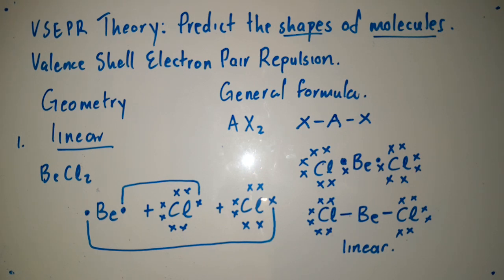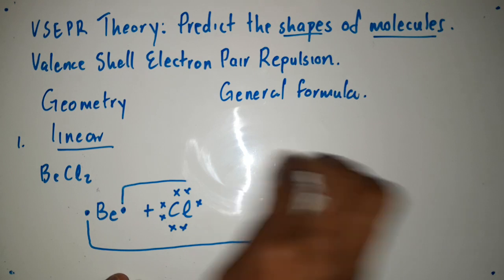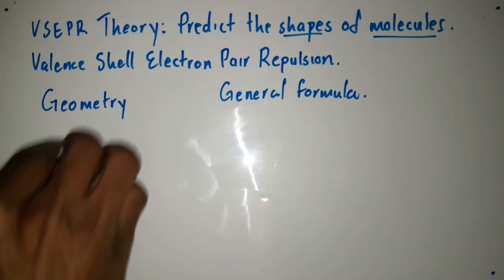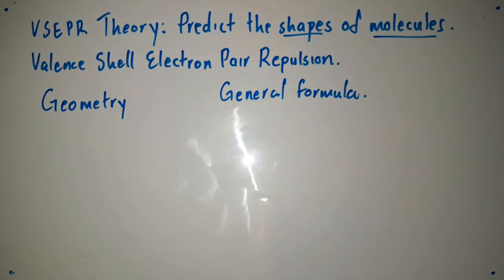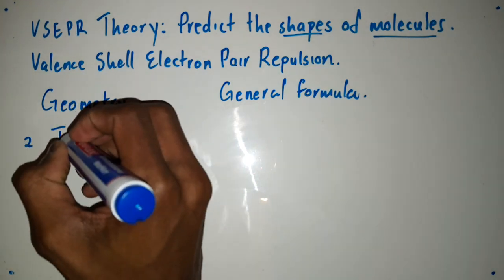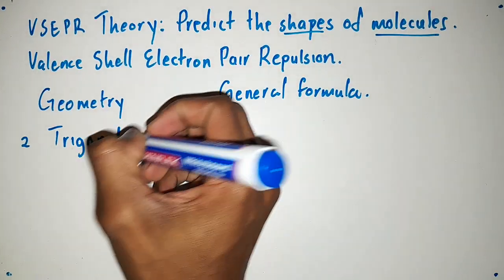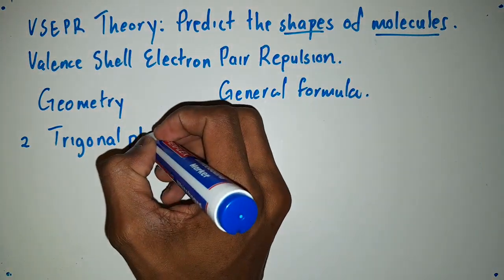Now let us consider the next one. The second one is known as trigonal planar.